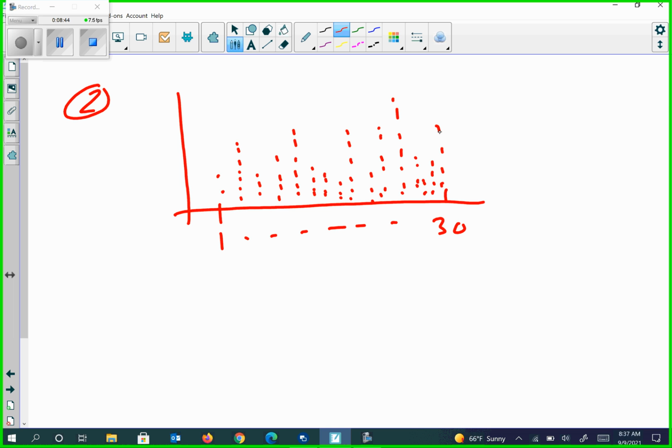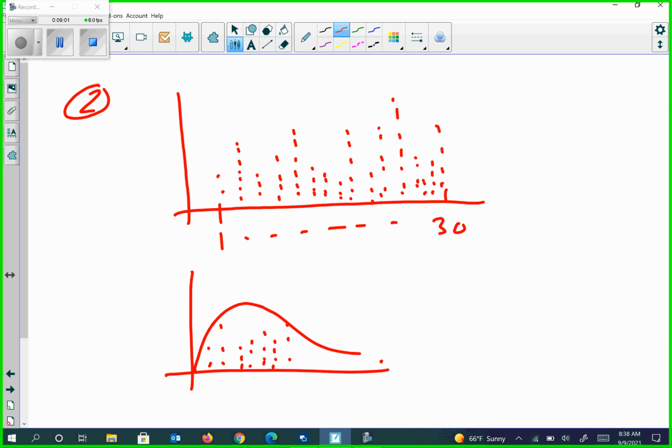I'd say there might be some times where you could have something like this. Let's say it's just a little league team. So maybe you could have something that looks like this. So this could technically look a little bit like a skew right because of this outlier out here.